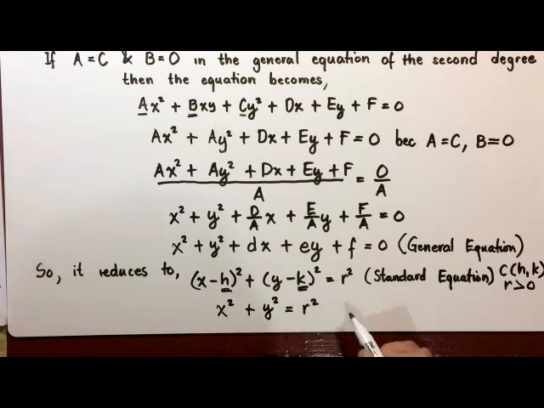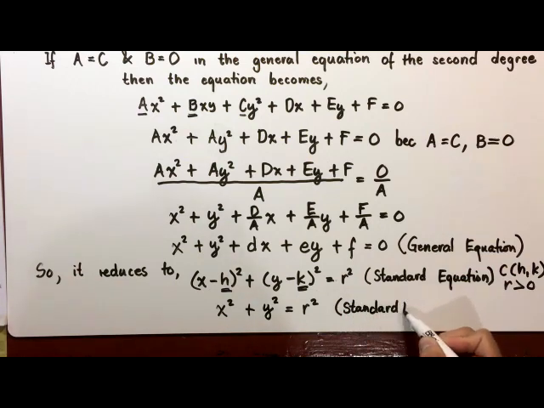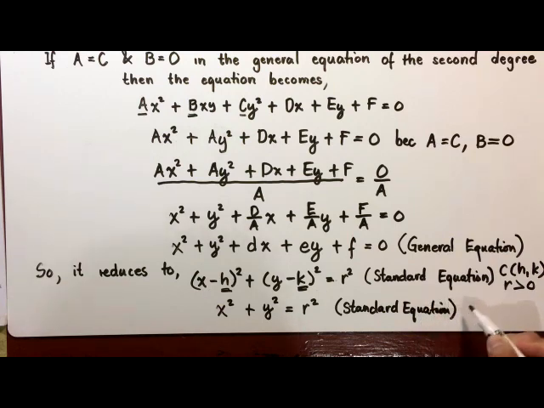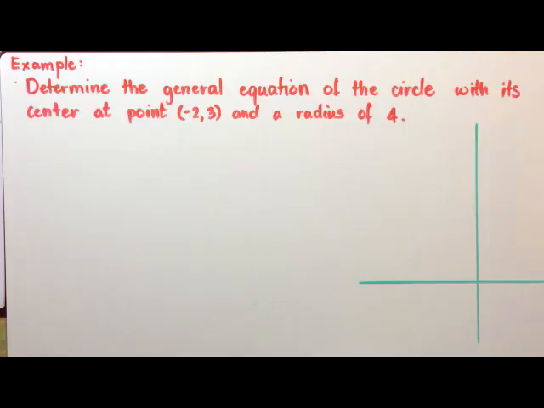And again, this is a standard equation of a circle whose center is at the point of origin, and whose radius also is r here. And of course, it should be greater than 0.